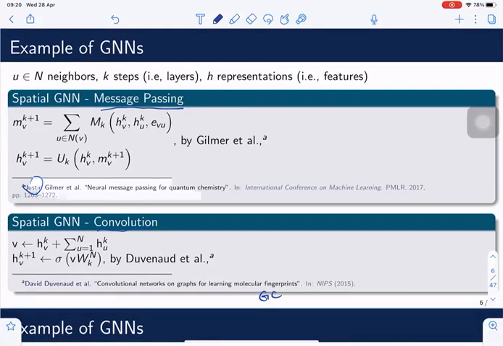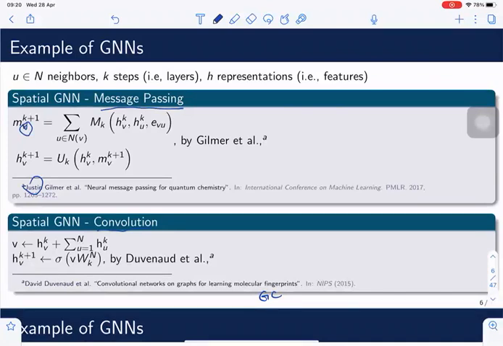The GNNs I showed here are used to learn the atom representations, right? Here v represents atom v or node v.